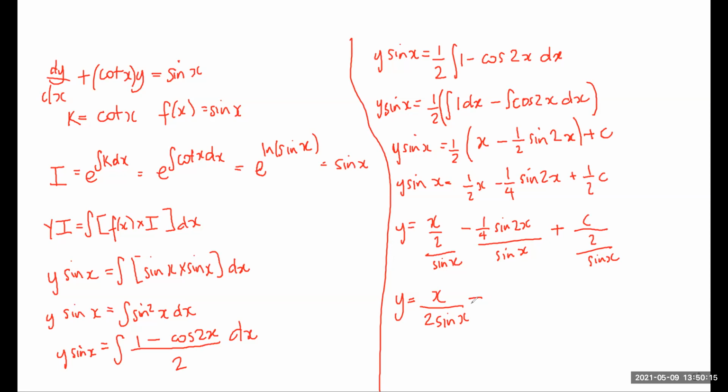That's what I said, sir. No, 1 over sine is cosec. Cosec, reciprocal, cosec x. 1 over sine can't be cos. 1 over cos is sec. 1 over sine is cosec. 1 over tan is cot. You have to remember them.